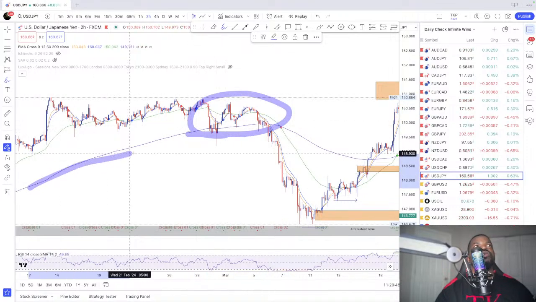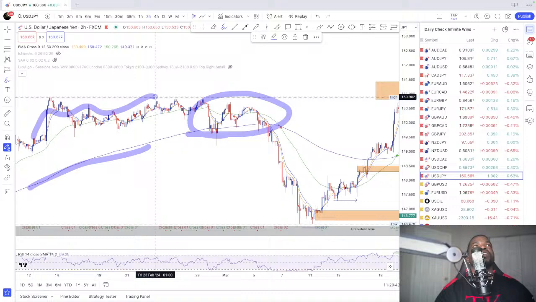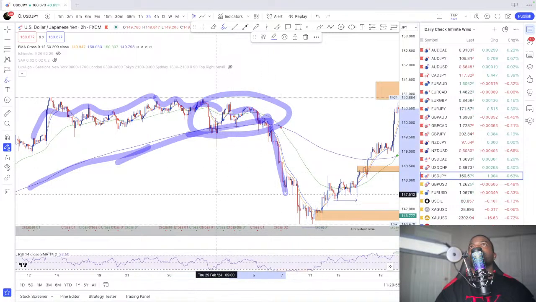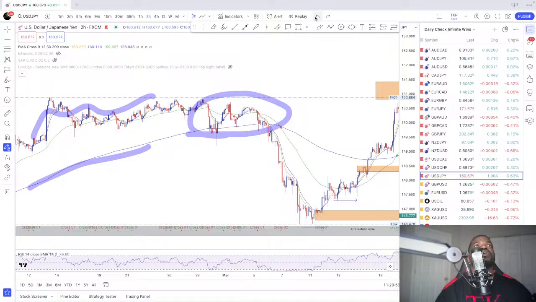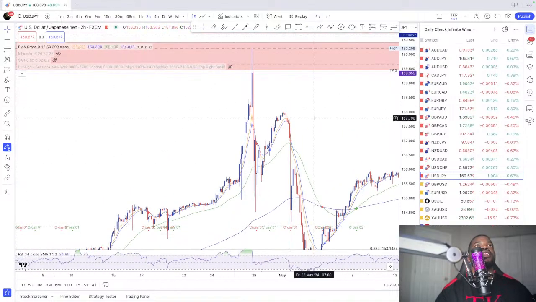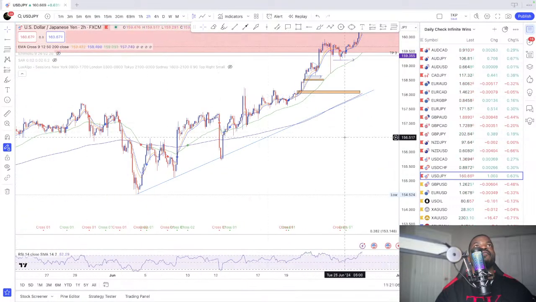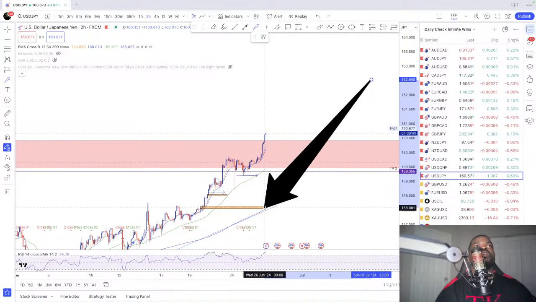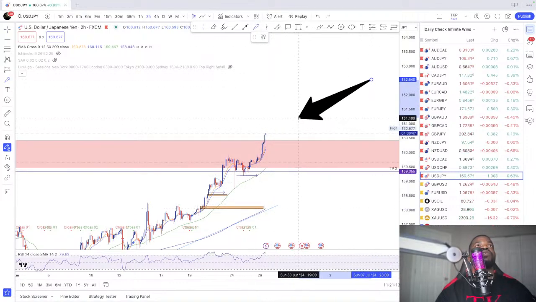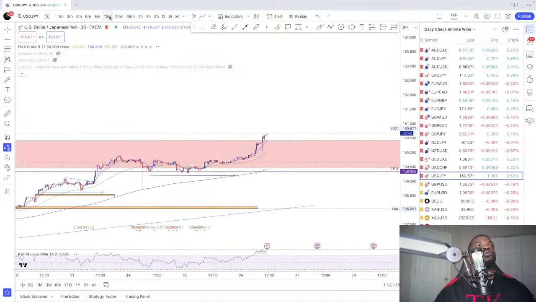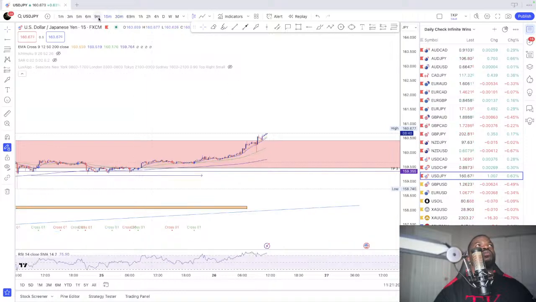If you notice right here, the 200 is really far away from price. So if we're looking for a reversal, we wait for the 200 to catch up. And that's how we time our trades. The point of me showing you that was the 200 is catching up on this time frame. So let's see what happens once price creates a couple highs above this monthly zone.